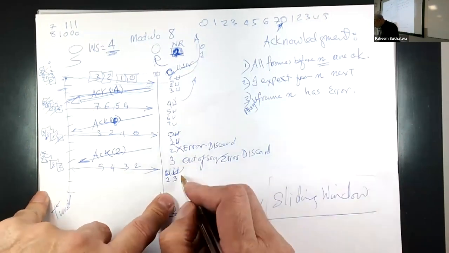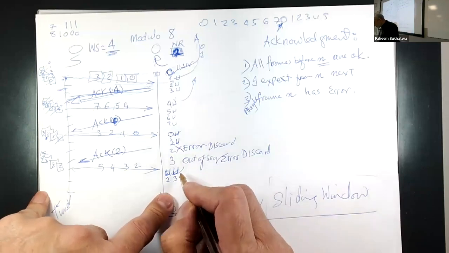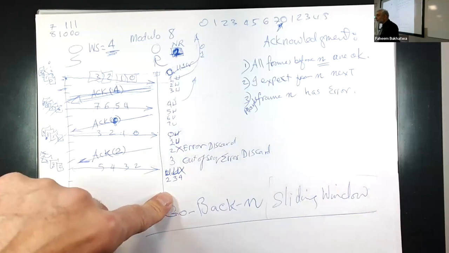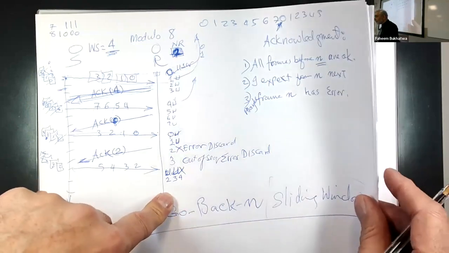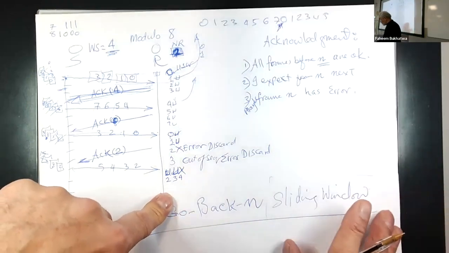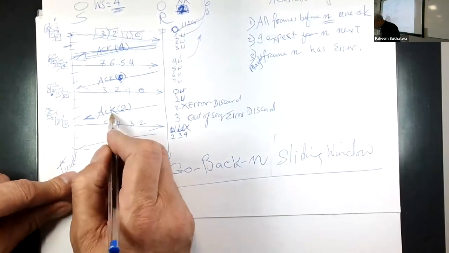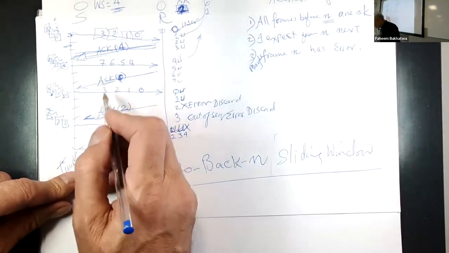Now you get number 4. Number 4 has a problem. Not okay. It has an error. What do you send back? You send frame number 4, or something else? What does the receiver send back? Something called acknowledgement.